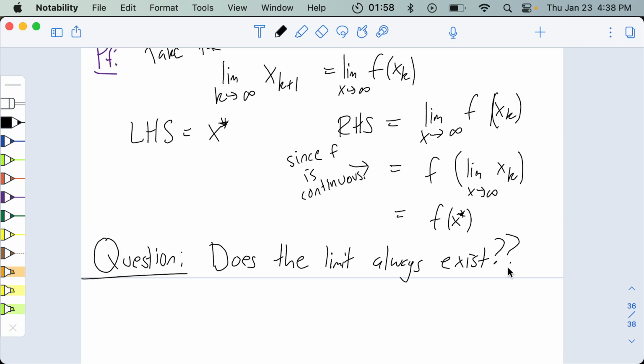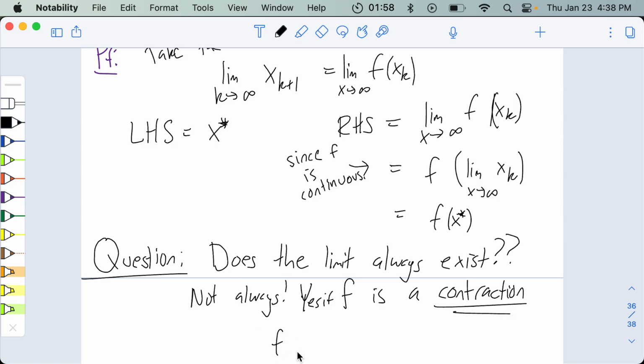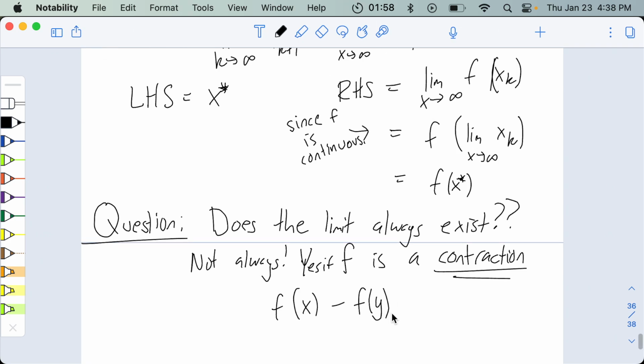The answer is not always, but one sufficient condition is for f to be a contraction. A contraction means it smooshes things. The distance between f of x and f of y has to be less than or equal to the distance between x and y.